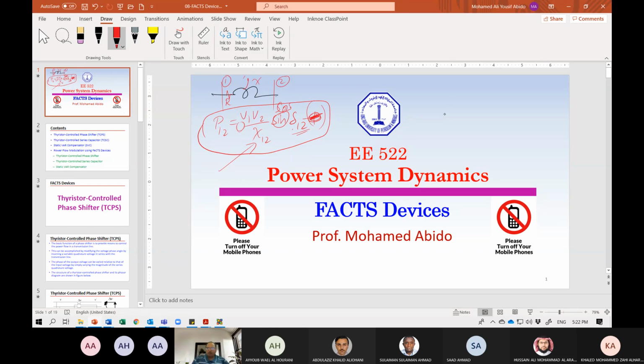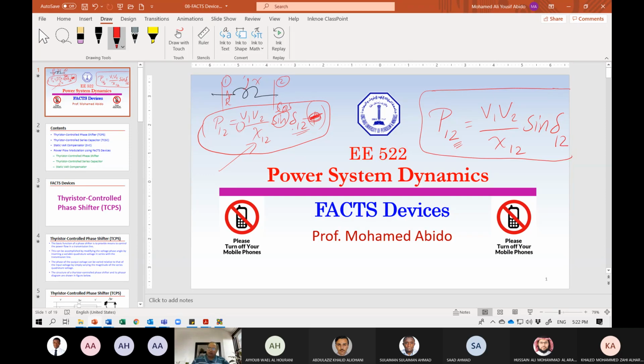Now let us start with this equation, P12 equals V1 V2 over X12 sine delta 12. Looking at this equation, what are the limiting factors for the power transfer P12?